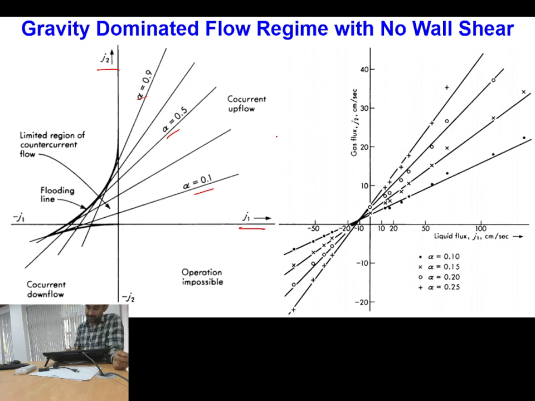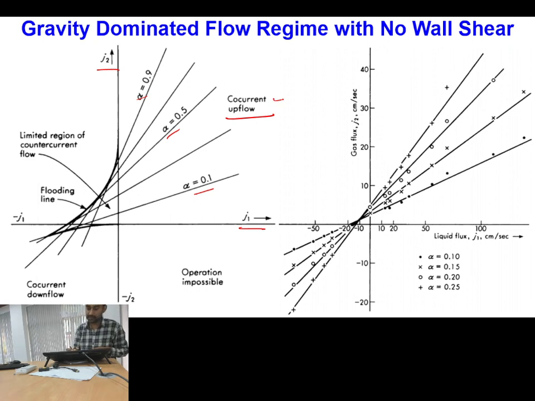In the first quadrant, both J1 and J2 are positive, so flow will be co-current. In the third quadrant, both J2 and J1 are negative. Here flow will be again co-current but in the downward direction.